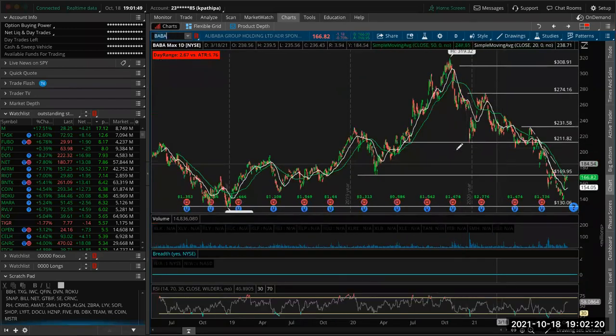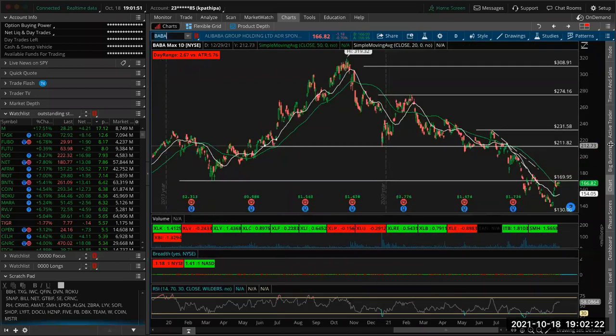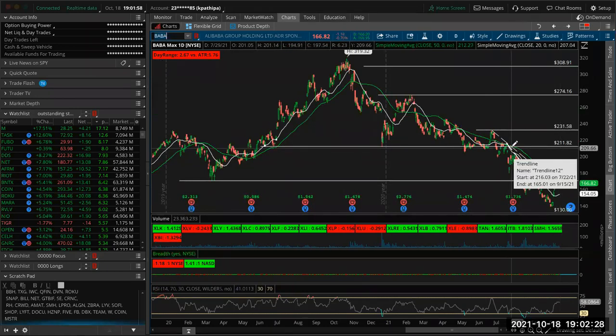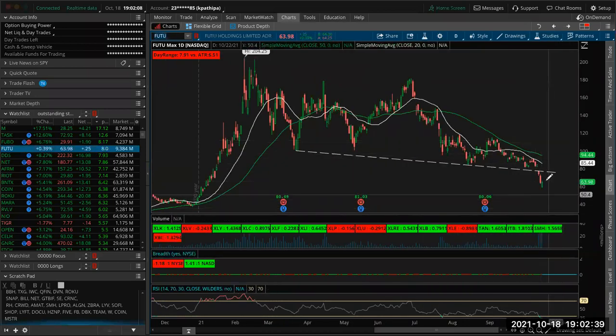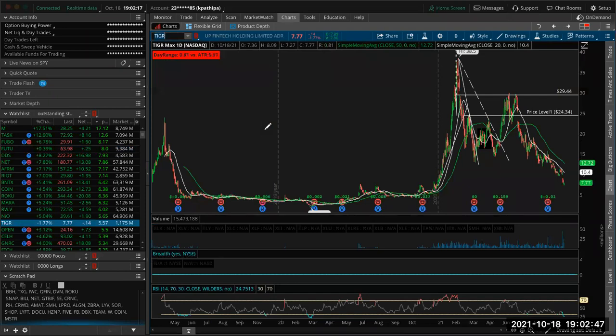I've been watching it, and I saw a guy saying that we might have bottomed here. Maybe we might have. We don't know. I don't know if you followed this, but last week these things went down because they were trying to regulate the brokerage firms, Futu and Fintech.